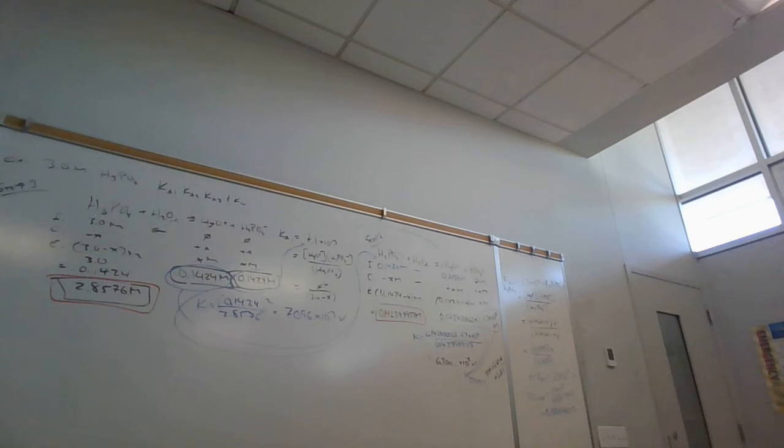And then we're going to assume no phosphate has formed yet, since there's no hydrolysis here. The change is going to be minus x, plus x, and plus x. So at equilibrium, we're going to get 6.3 times 10 to the minus 8 minus x, 0.14240063 plus x, and x.